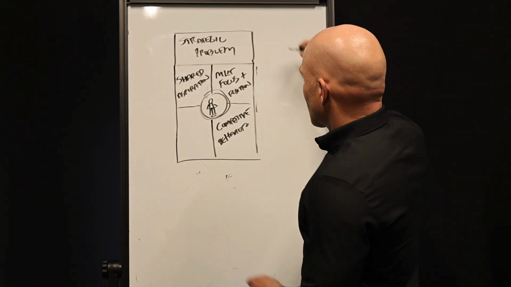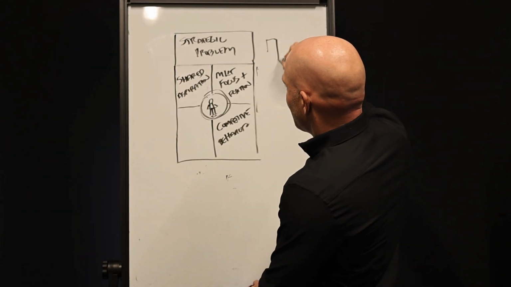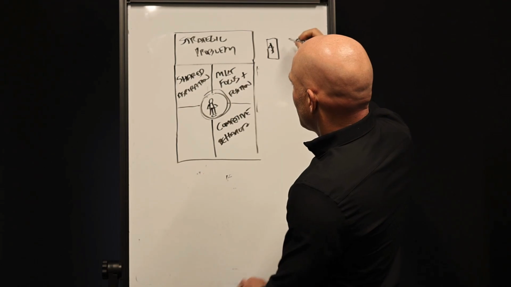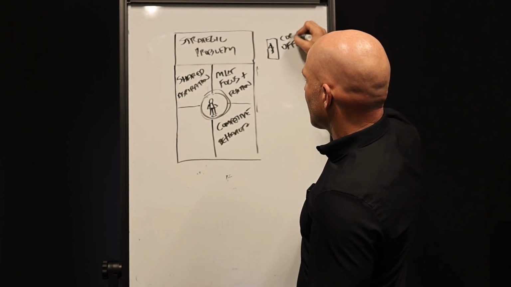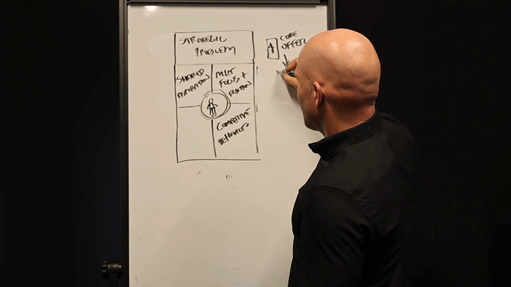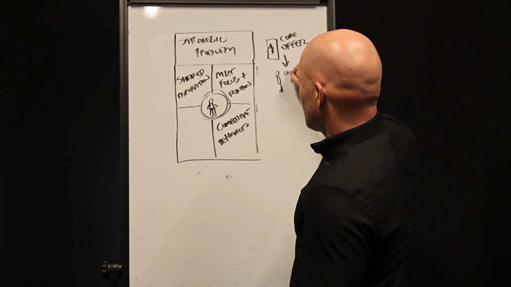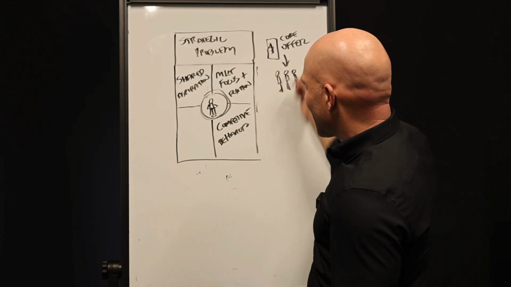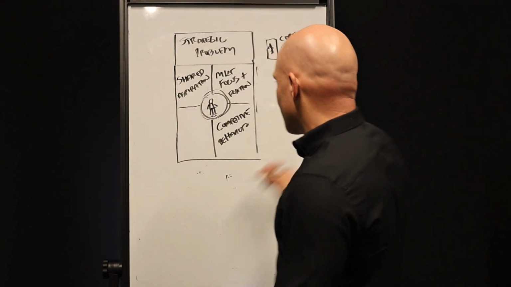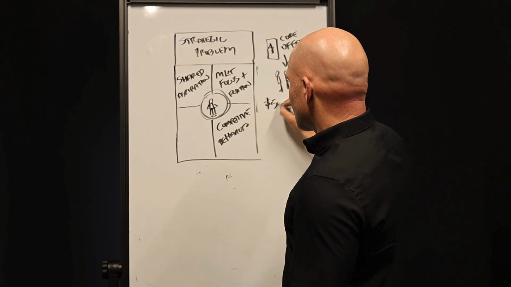But once you get into that, you have to start defining your overall business model. For example, that includes having your offer, right? So you have this offer in your business. And you say, okay, this is our core offer that we are going to sell to our customers. And then you have to define what are the economics of that core offer. So for example, we're going to charge $500.